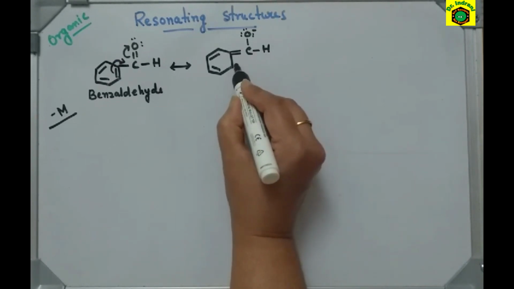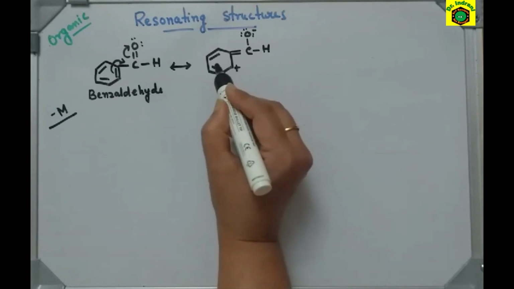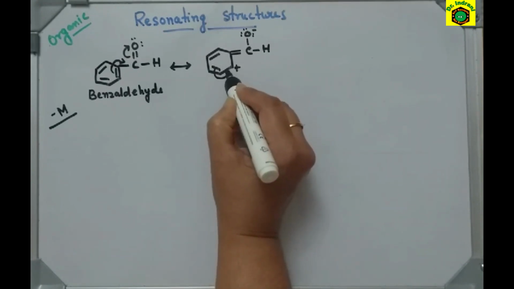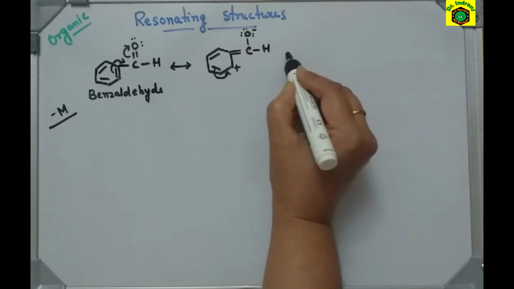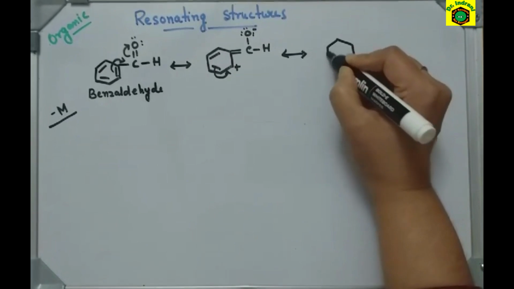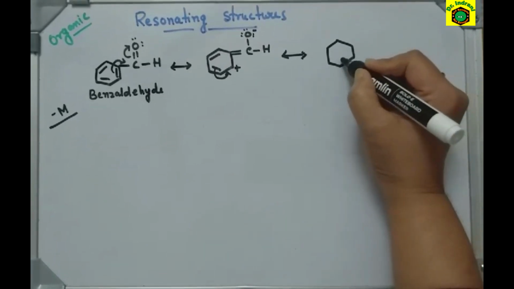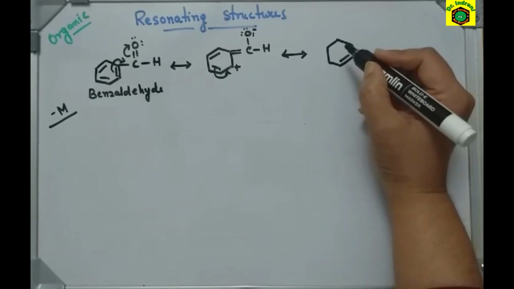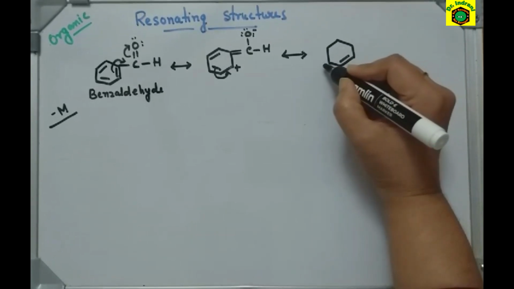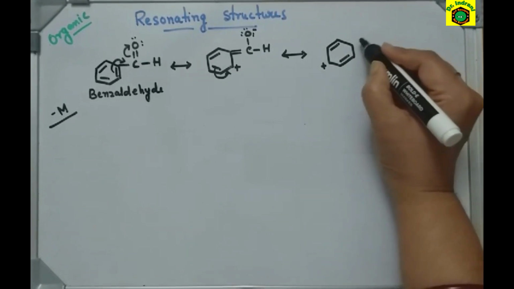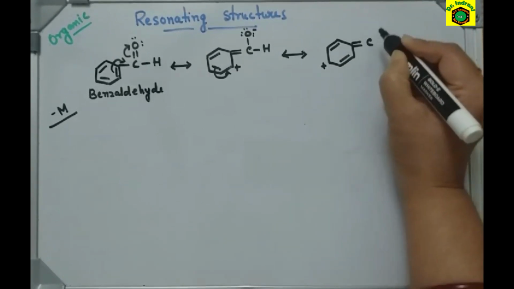Here one positive charge. After that what will happen? Next structure. So here the double bond will be transferred. Here one positive charge. Here as it is. Then here double bond.